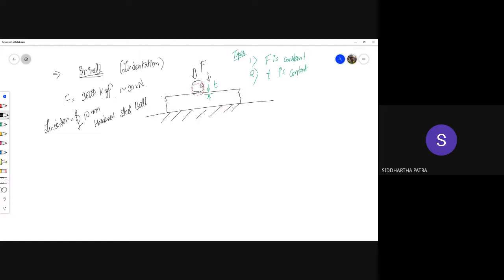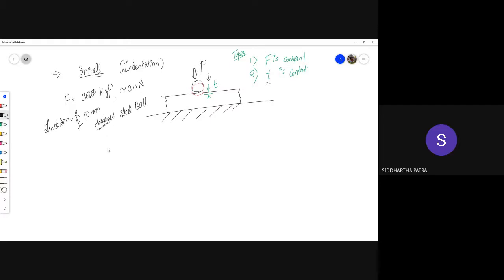If due to the applied force the indenter also compresses plastically, that compression is also accounted as the depth of indentation, and that gives us a wrong measurement of the depth of penetration, and therefore a wrong measurement of the hardness. So the indenter must not deform beyond the elastic limit, and even within the elastic limit, it must deform only slightly. So this needs to be hardened.